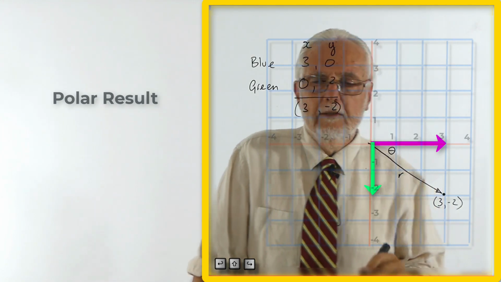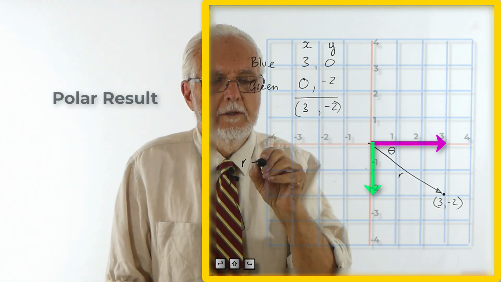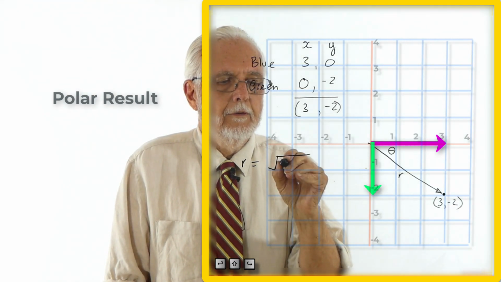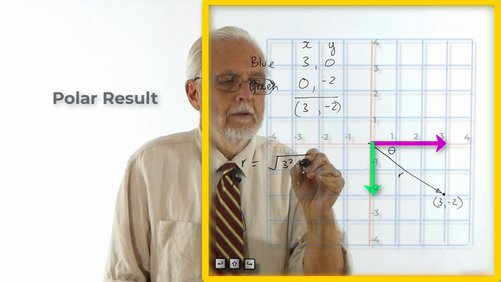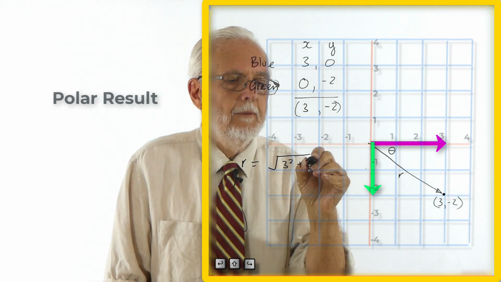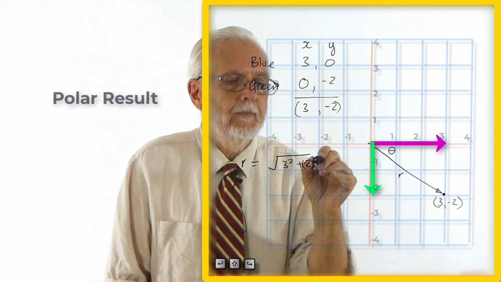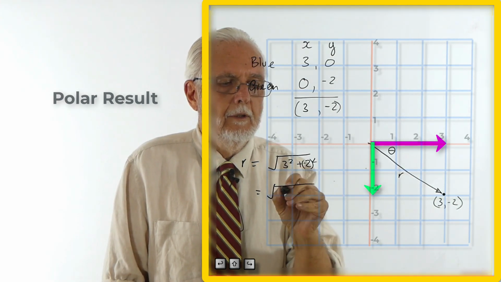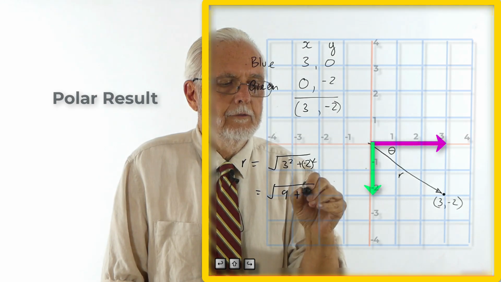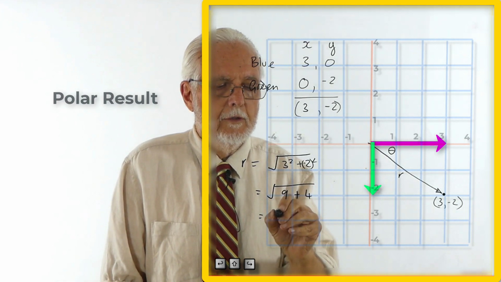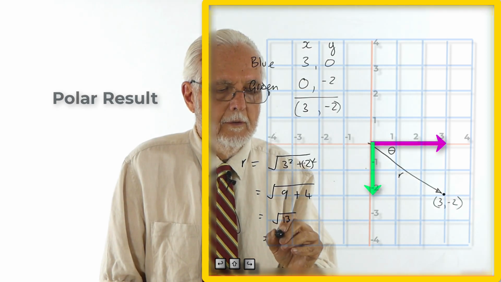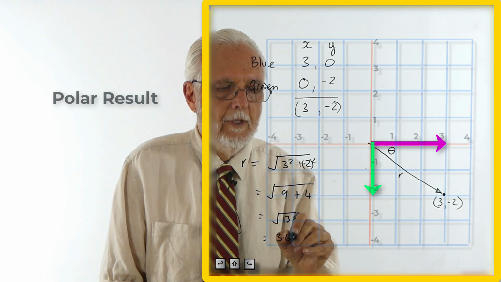To find r, we take the square root of 3 squared plus negative 2 all squared, which gives us root 9 plus 4, which is root 13, which is 3.61.